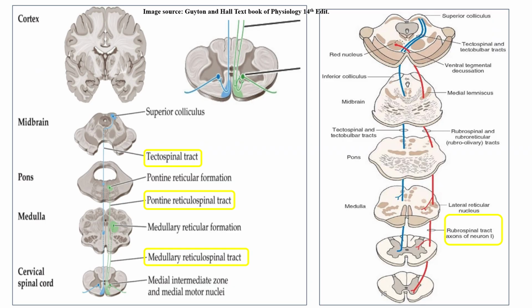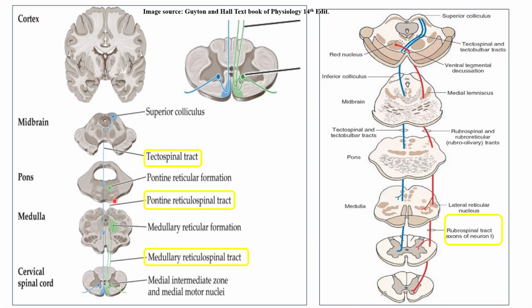So this picture is taken from the Guyton and Hall, and you can see the various tracts that are descending through the motor pathway. For example, this one is the tectospinal tract. You can see here in the midbrain the superior colliculus is there. The fibers are going to decussate and then they descend downward. The second is the pontine reticulospinal tract.